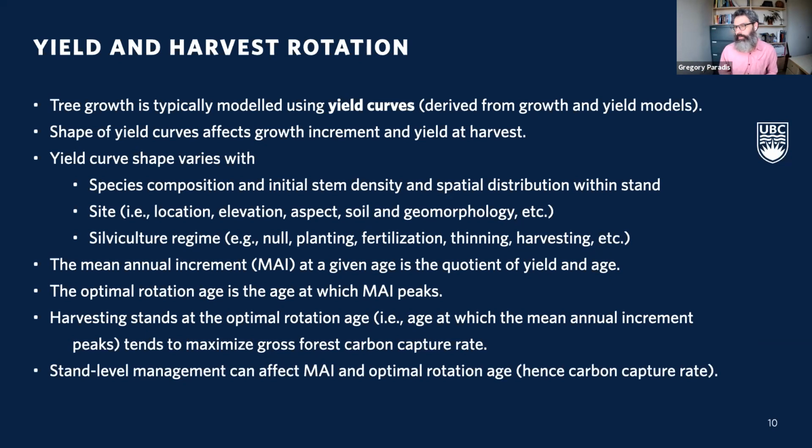For example, we can accelerate growth with fertilization or thinning treatments or other stand improvement treatments, which can cost money and might have carbon emissions associated with them, but they can change the growth trajectory. So those will also change the rotation age and the yield, which ultimately will affect the way we model carbon balance, because the harvesting disturbances, the yields, and the growth curves are all part of the carbon model.